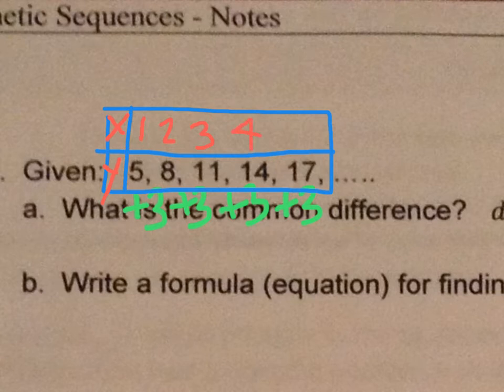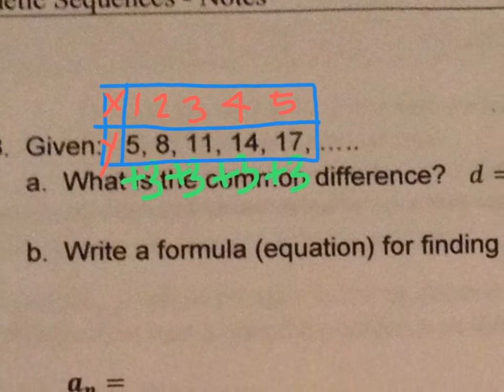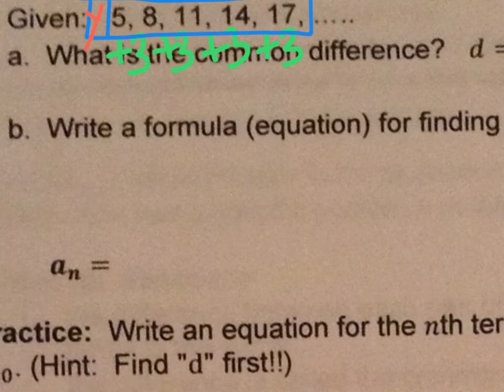Can you figure out 17? If you said 5, you're correct. So now we have a table. Well, what do we normally do with tables to get an equation? Hopefully you said stat edit.